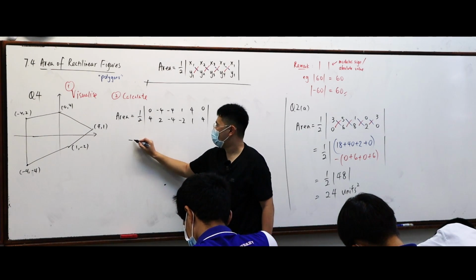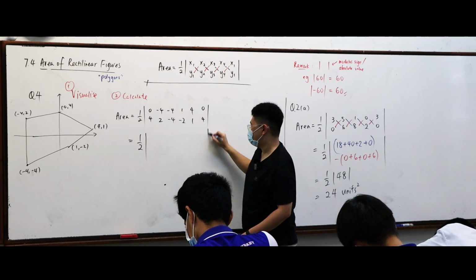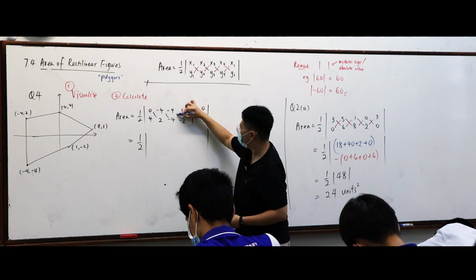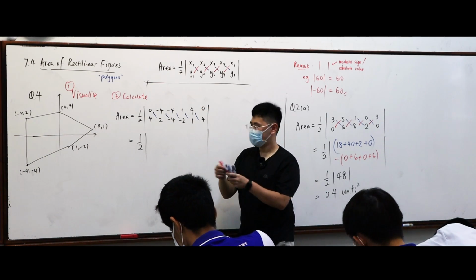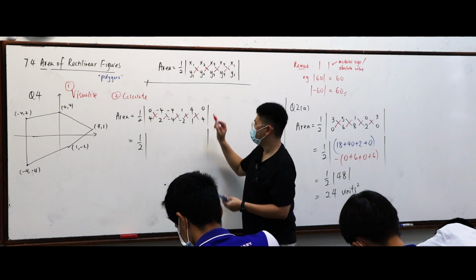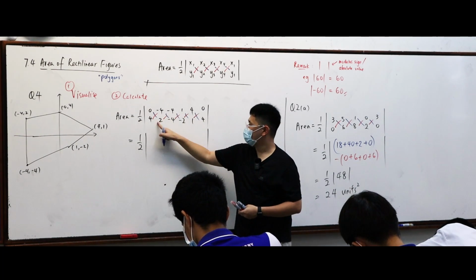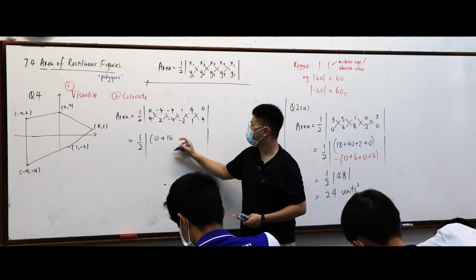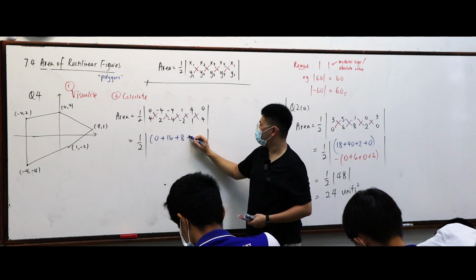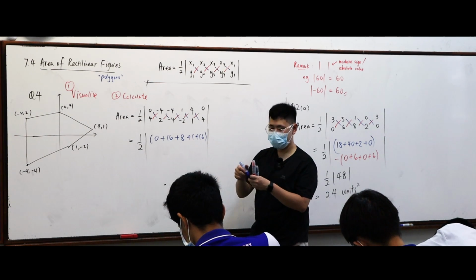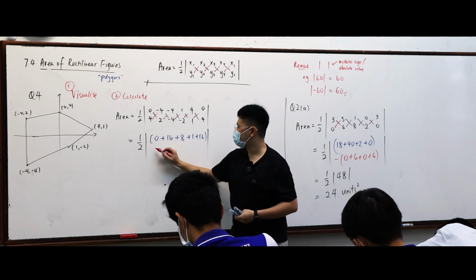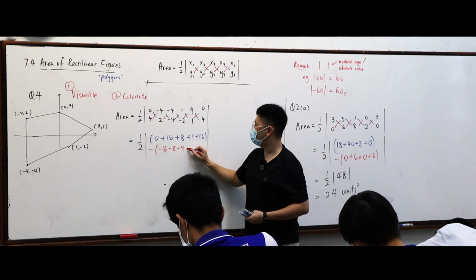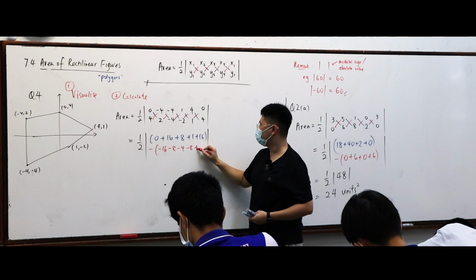Okay, so come, let us do this mechanical work. Blue, add all the blues, subtract all the reds. So 0 times 2, 0. Negative, negative will be positive 16. This is positive 8 plus 1 plus 16. Minus of the reds, so minus of negative 16, negative 8, negative 4, negative 8, and 0.